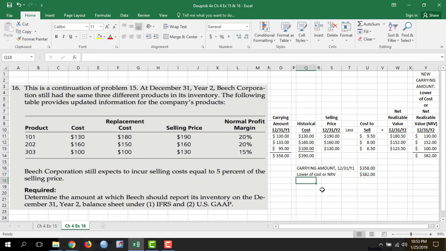So this will result in a reversal of the write-down that we had at the end of year 1. So we are going to have a reversal of write-down of inventory of $24.